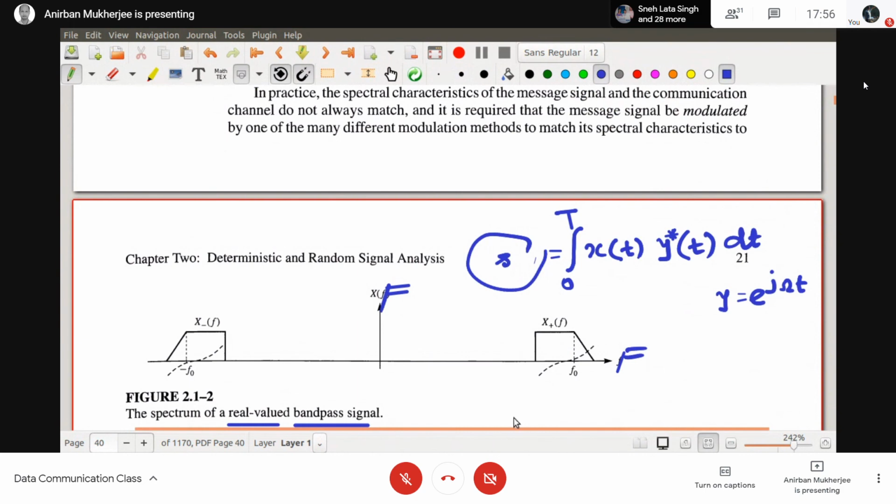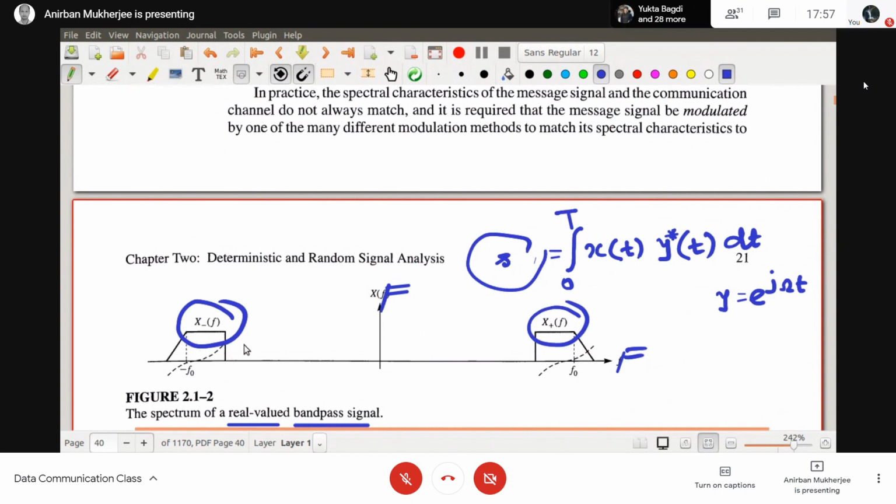That is the magnitude response, the mod function of X(f). The positive part is X plus f and this is X minus f. This one is the same as this one, because it is an even function.